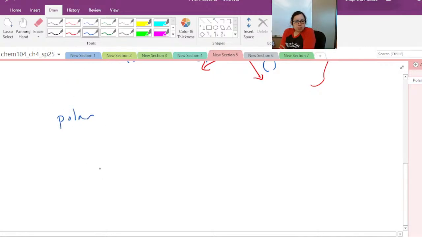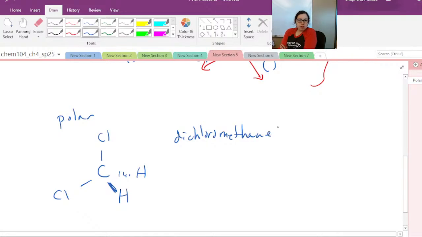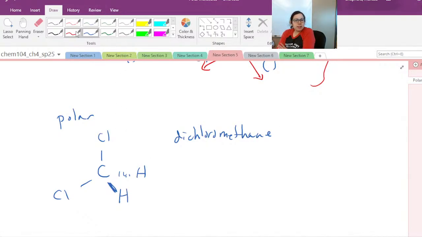And now this is polar. This molecule is dichloromethane. Again, there are different ways to analyze it. We could think about who's electronegative. Well, our chlorines are.